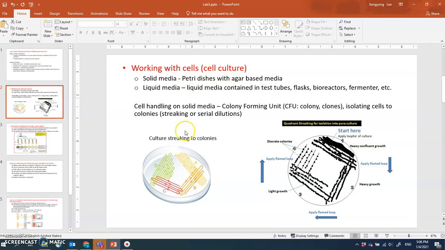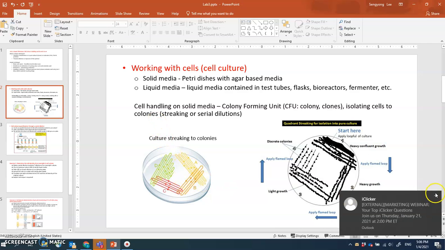Solid medium normally comes in a petri dish container. They are based on agar, so they are solid, although kind of soft. Liquid medium is made out of liquids, so it is contained in a test tube, a flask, or a bioreactor, fermenter.